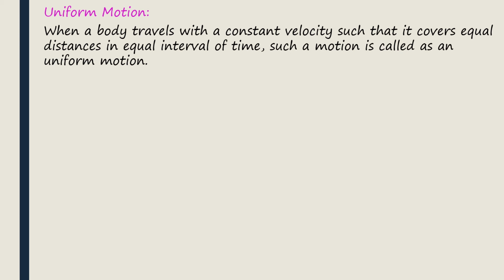Okay, एउटा constant speed मा एउटा constant velocity मा जाँदैछ एउटा body, such that it covers equal distances in equal intervals of time. त्यस्तो खालको motion लाई चाहिँ uniform motion भन्छ. So uniform motion भन्नु बित्तिकै हामीले याद गर्नुपर्ने key words चाहिँ के हो, constant velocity, equal interval र equal time. Okay, equal distances in equal interval of time गर्दैछ भने चाहिँ uniform motion हुन्छ.